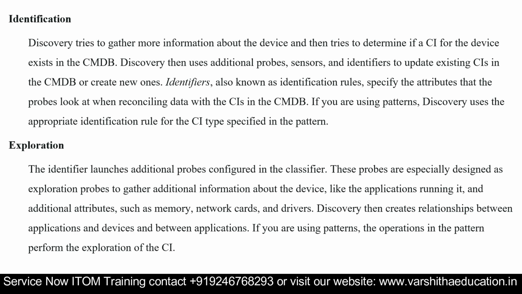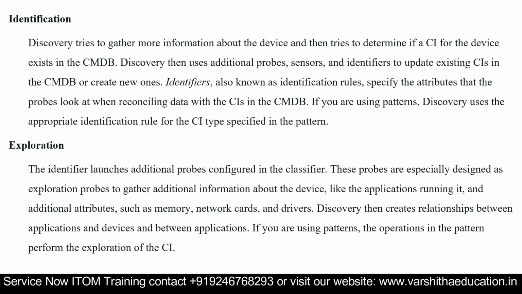Then it comes back to the CI, and it can identify whether a Windows 2012 operating system CI is already there or not in your CMDB table. If the CI is available, it automatically updates the information in that CI only. If it is not present, it automatically creates a new CI.